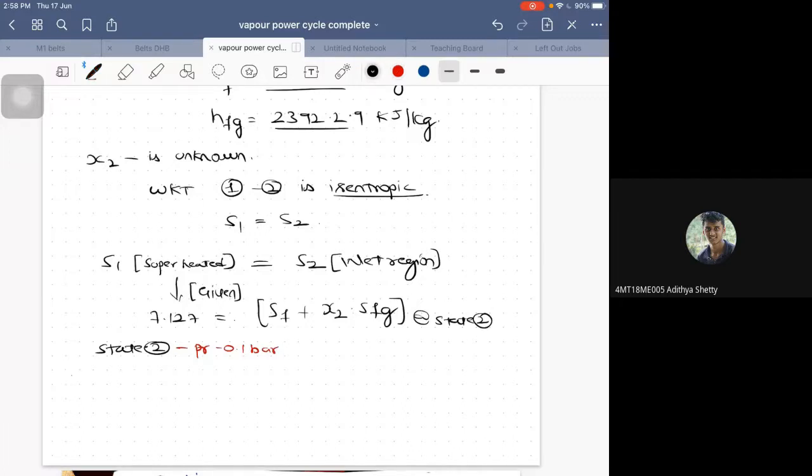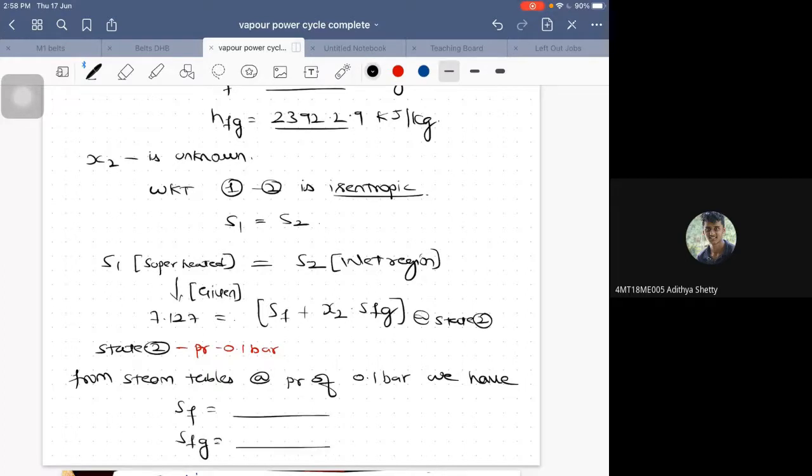Now, referring to the steam tables at a pressure of 0.1 bar, we have the values of Sf and Sfg. Sf is 0.6493.